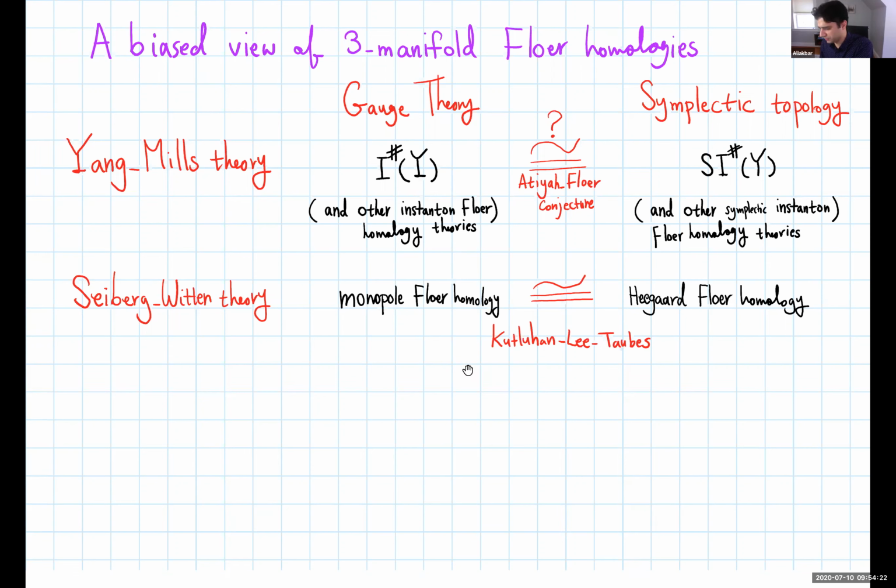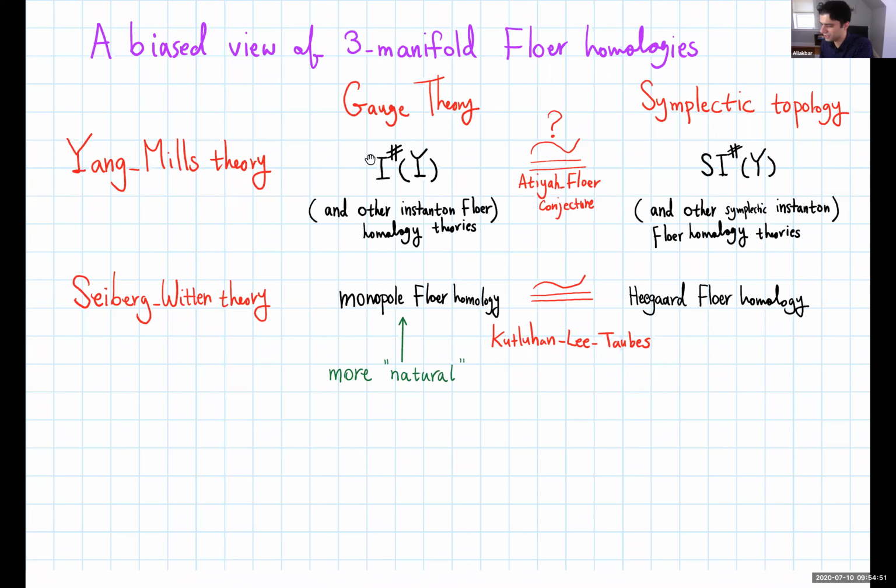But here the story is much cleaner. On the Seiberg-Witten side, the invariants on both columns are defined, and there's an isomorphism between them, which is due to Kutluhan, Lee, Taubes, and Colin, Ghiggini, Honda. I should say that the invariants in the first column are supposed to be more natural, although they are isomorphic to each other, but each column has an advantage over the other one. The invariants in the first column are more natural.